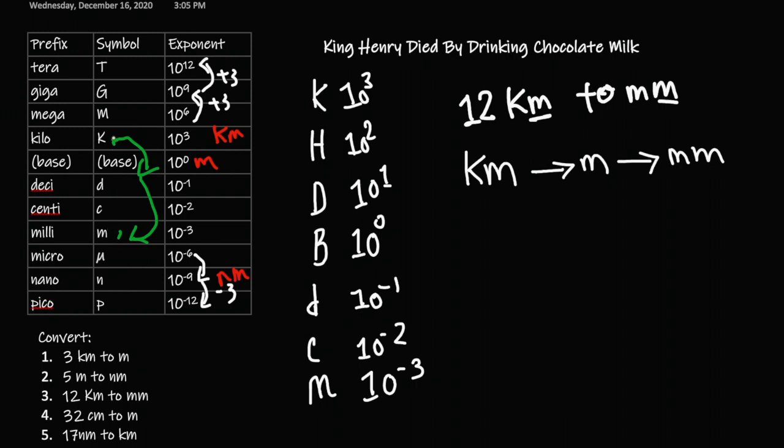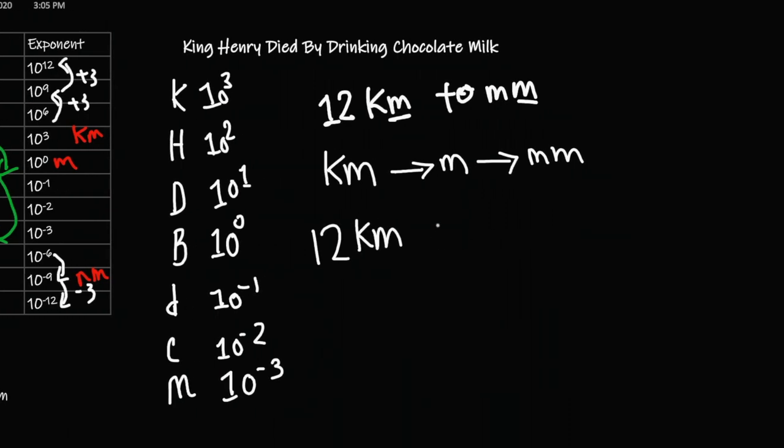So again, first of all, we have to convert from kilometers to meter, and then from meters we'll go to millimeter. So let's start. First we'll write 12 kilometers times, we write kilometer below.